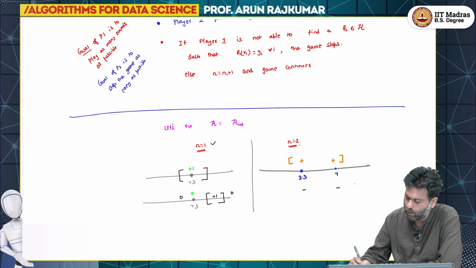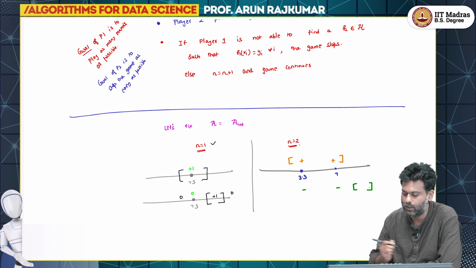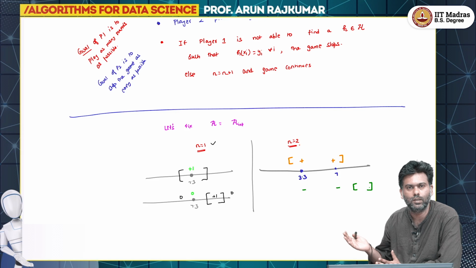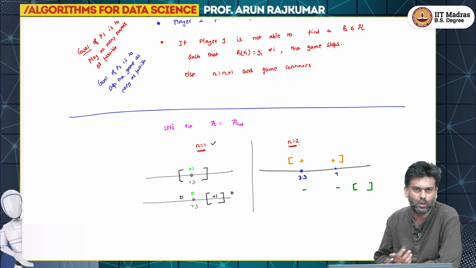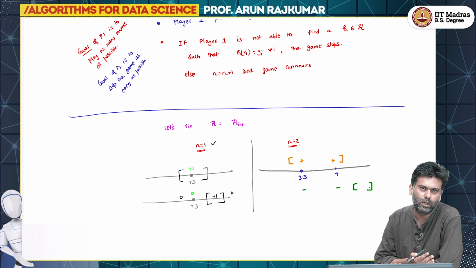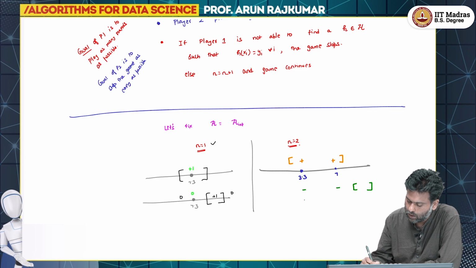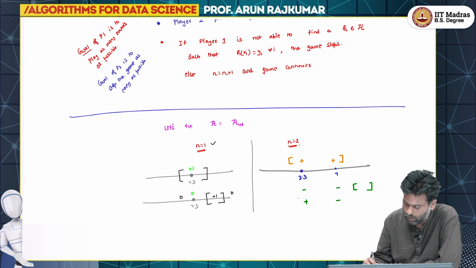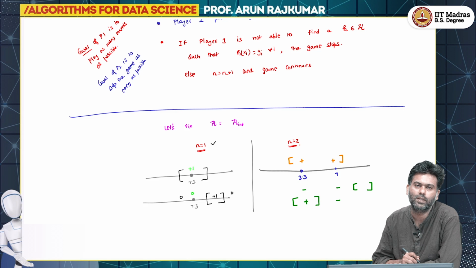Yes, you can. Maybe 7.5 to 8 is your interval where it is 1, everywhere else it's 0, and because 3.3 and 7 are both out of that interval, they will get minus. Now, what if I say plus minus? Will you be able to give a classifier? Well, you can, because you can always pick something that surrounds 3.3 but not 7.